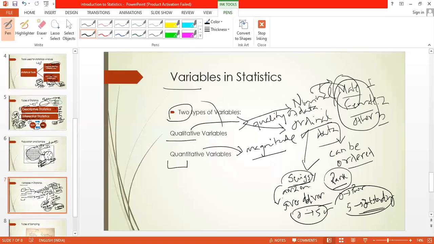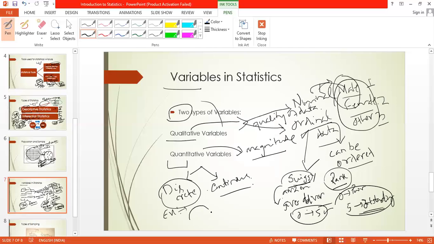Similarly, the quantitative data can be categorized into two categories. One is discrete, another one is continuous. So for discrete data, for example, I want to study how many cities are there in a state.